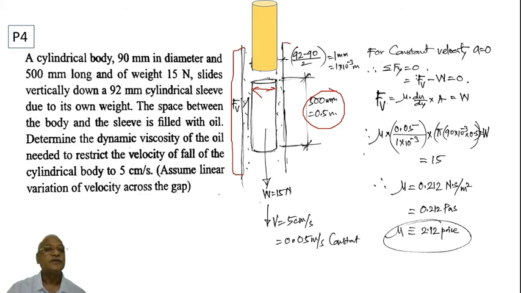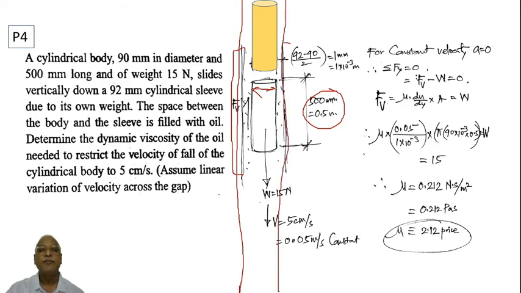What is the length? 500 millimeter is the cylindrical body, and then it is moving continuously inside this tube, right? The tube is totally continuous, right?